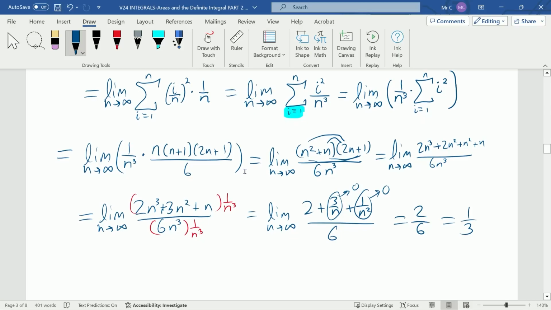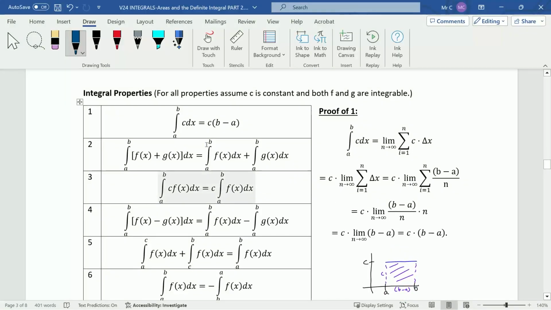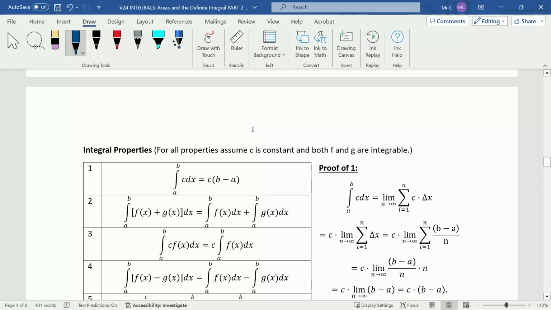Okay, so with that, let's go ahead and take a look at some integral properties. A lot of these properties come straight out of the properties of both sums and limits. So if you think about what this integral means, and while I'm at it, let's talk about what this notation means. This symbol, it's a long S for long sum.